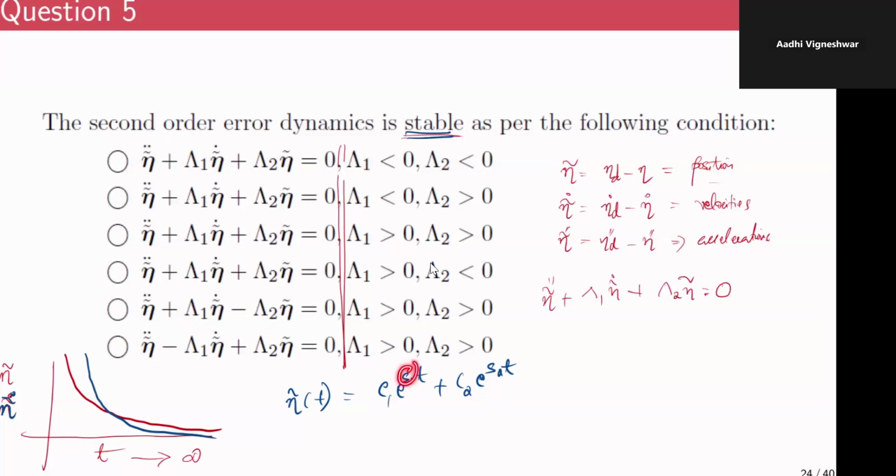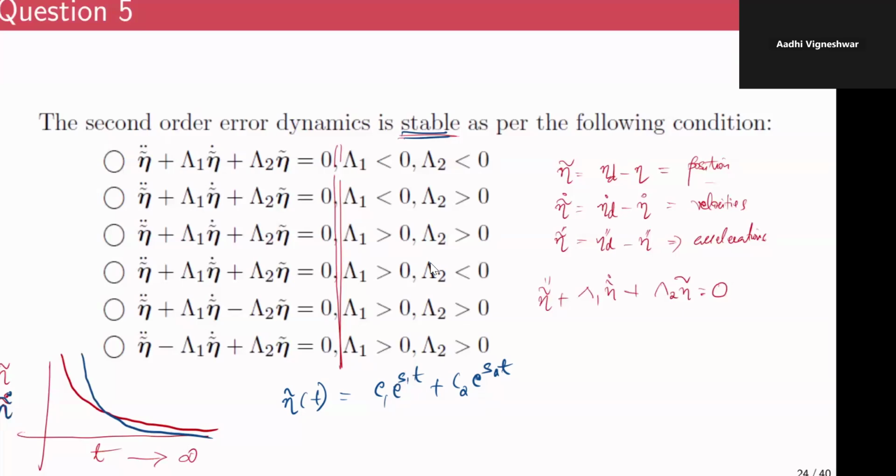And we know for a fact that S1 and S2 are nothing but the roots of this quadratic equation, given by minus lambda 1 plus or minus root of lambda 1 square minus 4 lambda 2, all divided by 2.